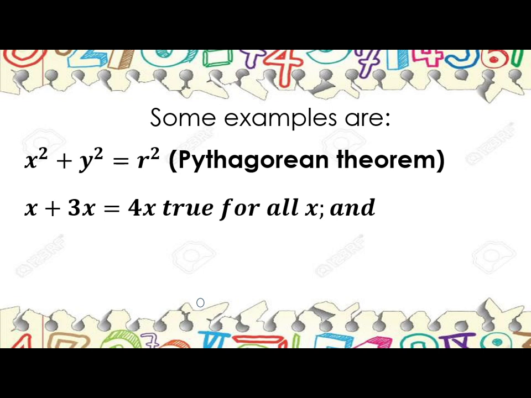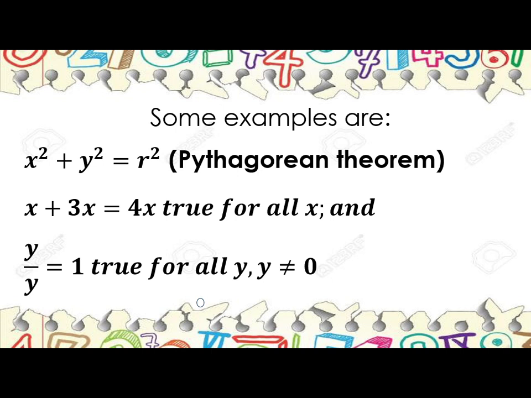And if y over y is equal to 1, then it is said to be true for all y, wherein y should not be equal to 0. So this statement pertains to the identity itself, wherein y over y is equal to 1. That's the basic concept of identity.